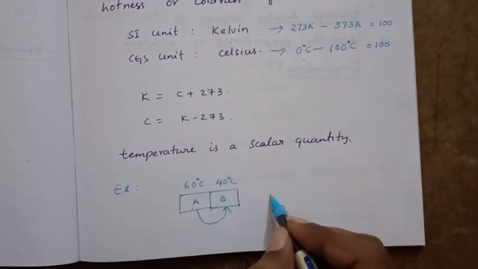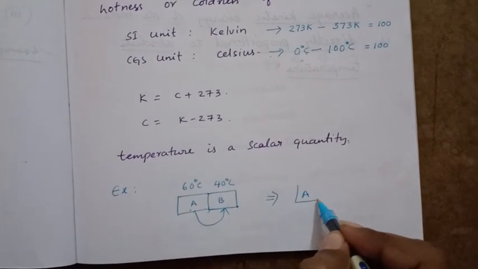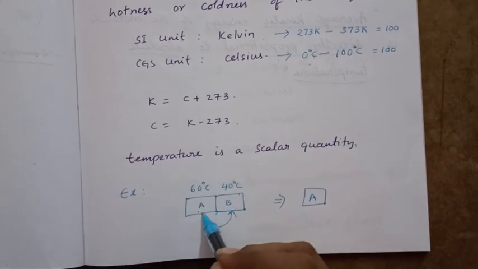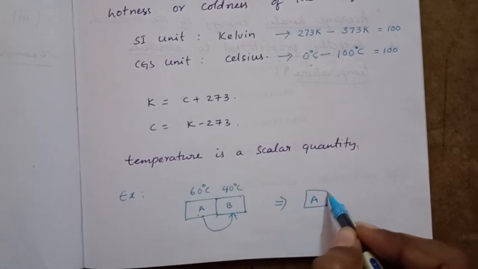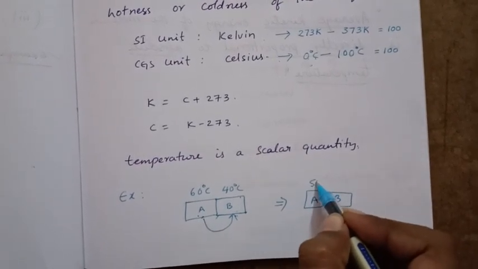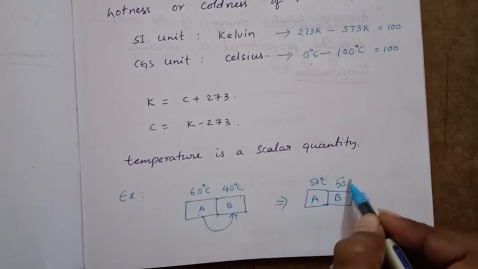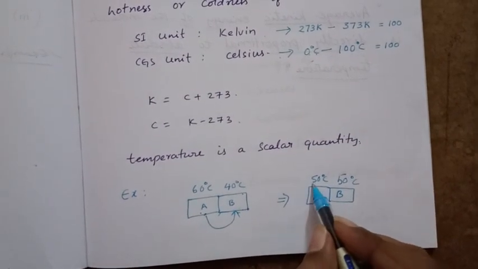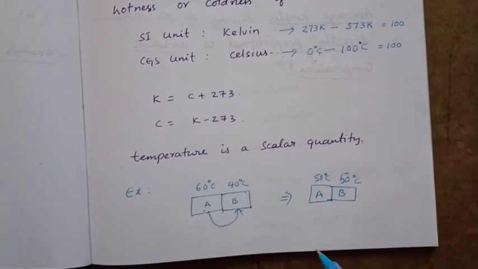For example, as heat travels from A to B, A's temperature will decrease and B's temperature will increase. Now if both attain the same temperature, A 50 degrees Celsius and B also 50 degrees Celsius, which is the hotter body and which is the colder body?